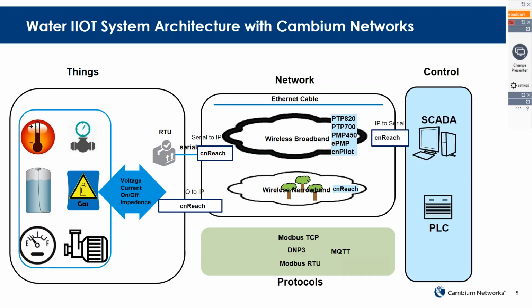Now, if you need to connect things, and you have to traverse near non-line of sight, such as foliage and things like that, you can use our wireless narrowband product, which is still under the cnReach platform.